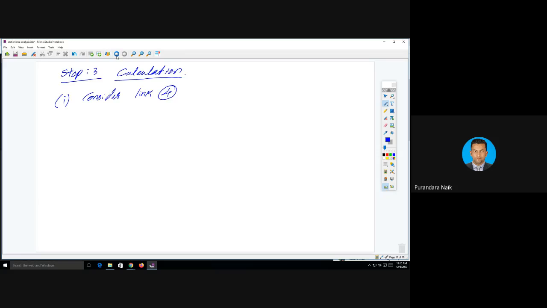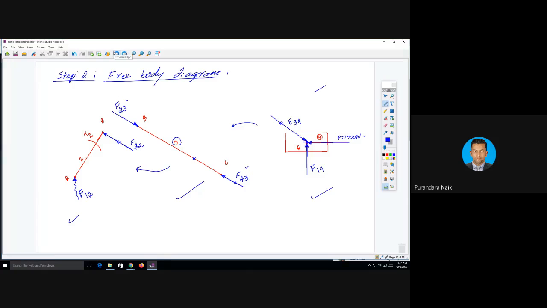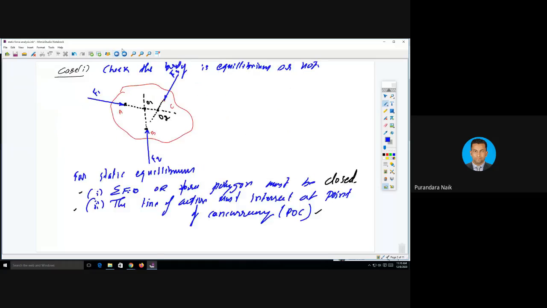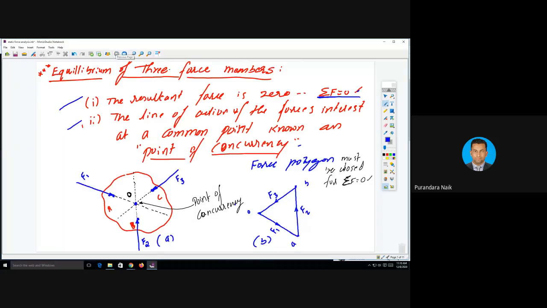See, link number 4 has 3 different forces. You know, the body or member with 3 forces. See here, a 3-force system.